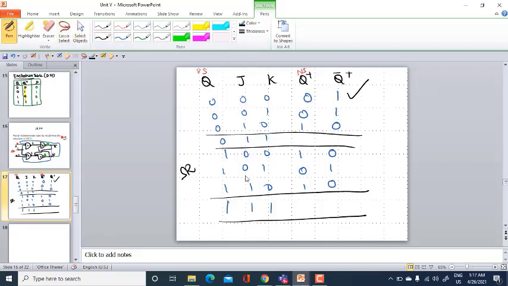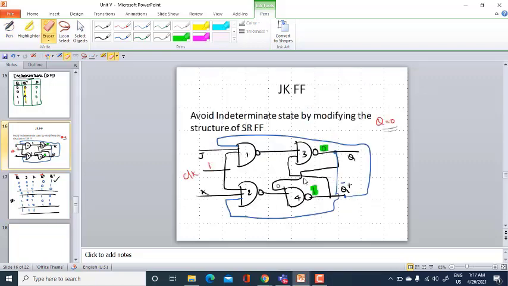Now I have to go ahead with the 1 and 1 combination, with the previous state being 0. So J is 1, K is 1, the clock is 1, and my previous state is 0. Since my inputs are all 1, I need to proceed only if I know the previous state. This Q is 0, and that is tied up to the second gate.